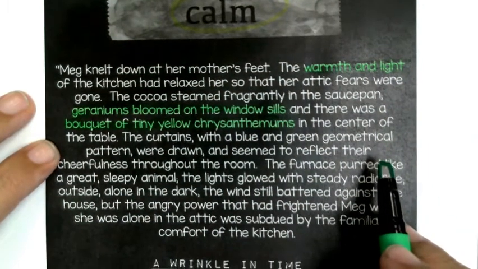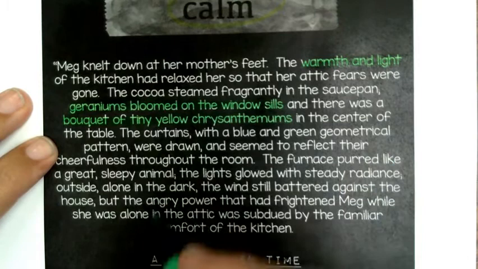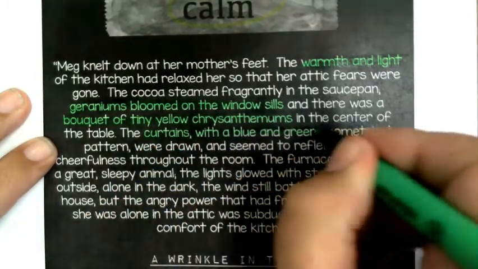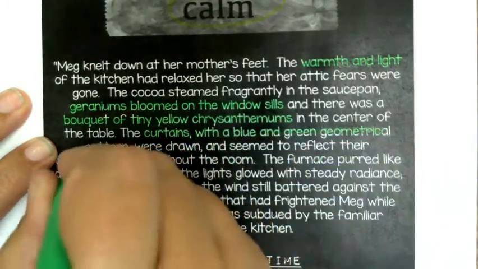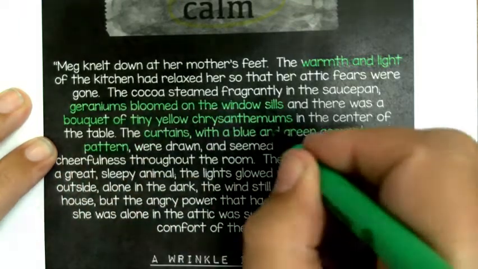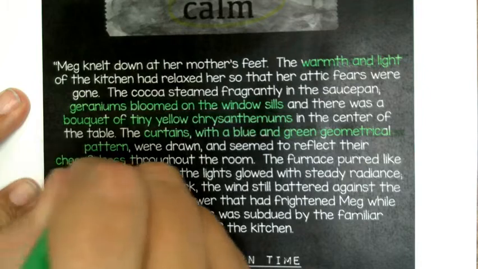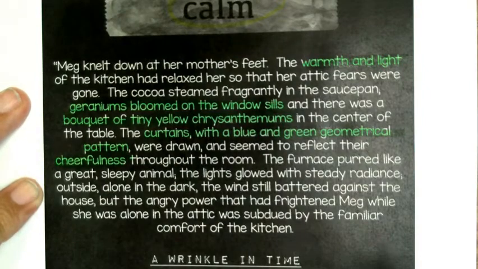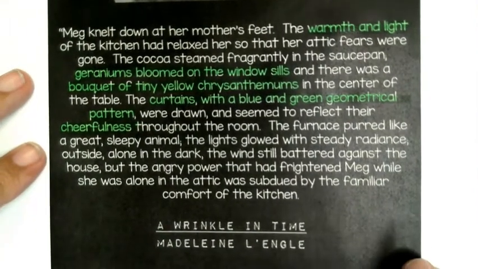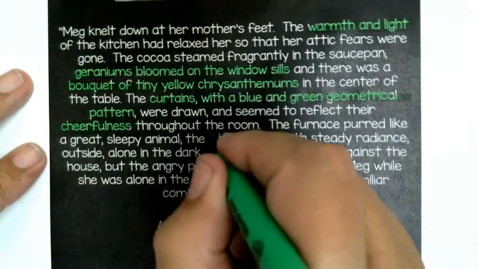What else do we see? We have these curtains with a blue and green geometrical pattern. Okay, and Madeleine L'Engle describes the cheerfulness of those curtains. Let's see, lights glowed.